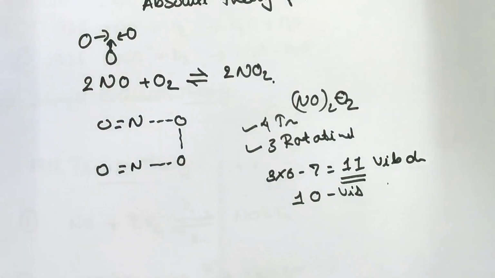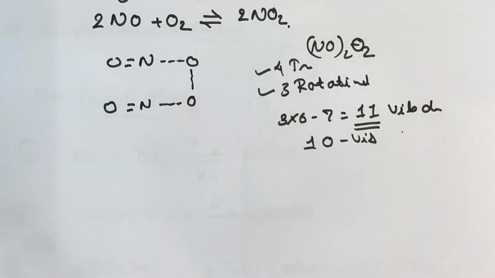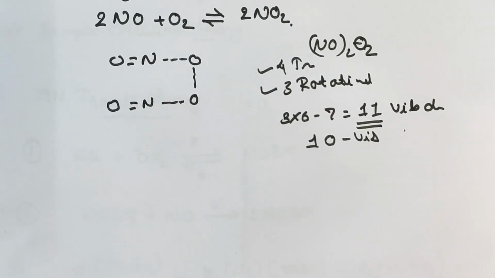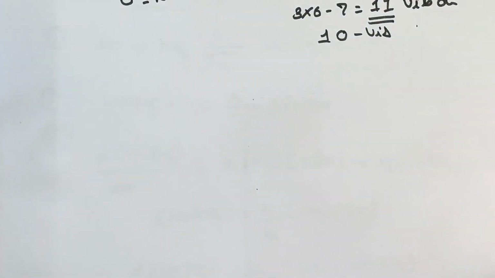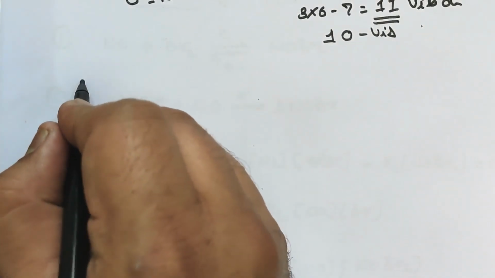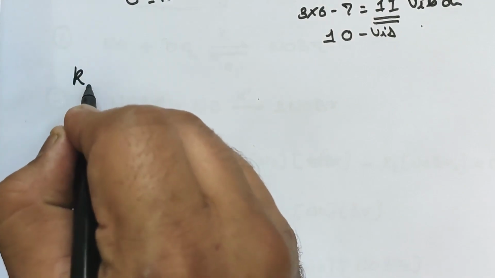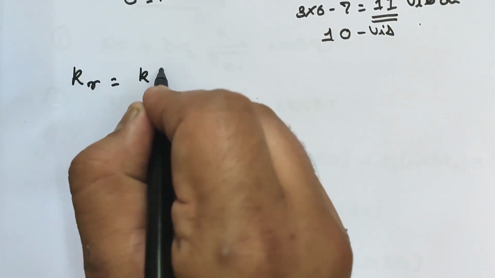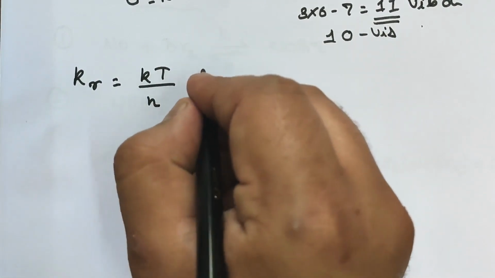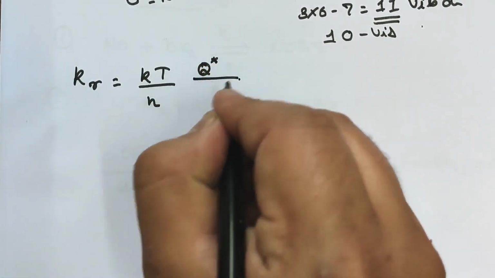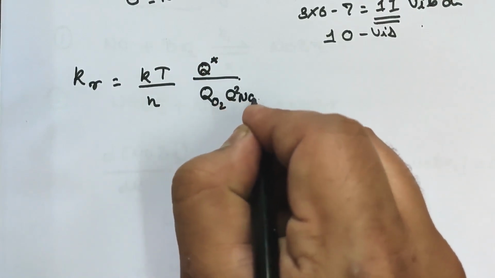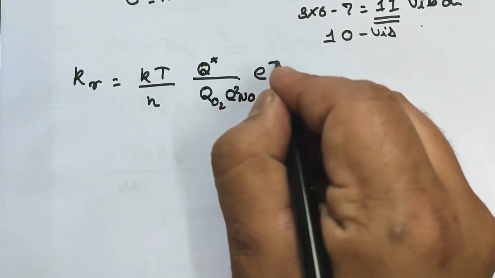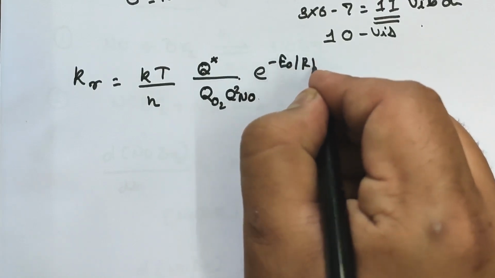Okay, so for the rate of this reaction, we are not going into detail on the derivation of all the kinetics. We are directly taking the final expressions, and when we look at the rate according to the activated complex theory, we can write it as Kr is equal to kT upon h, Q star upon Q of O2 into Q square of NO, e raised to minus E0 upon RT.